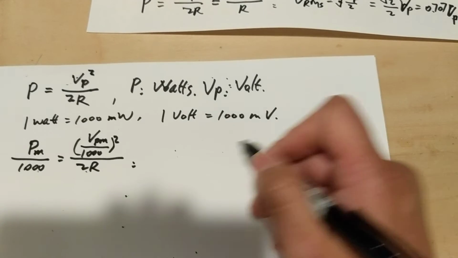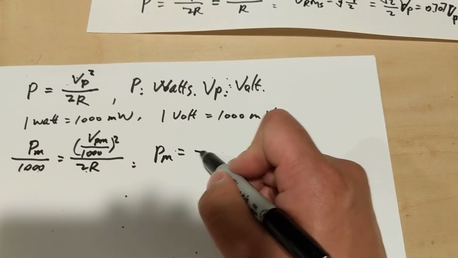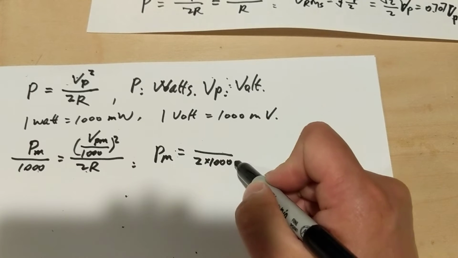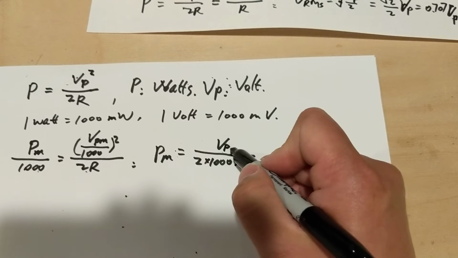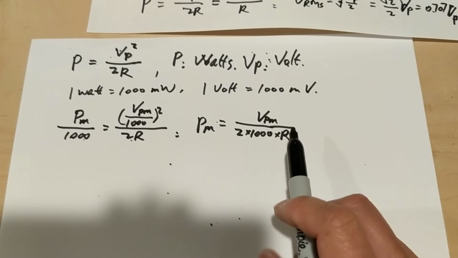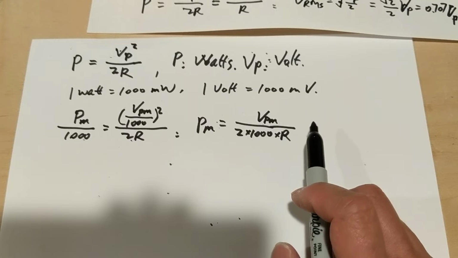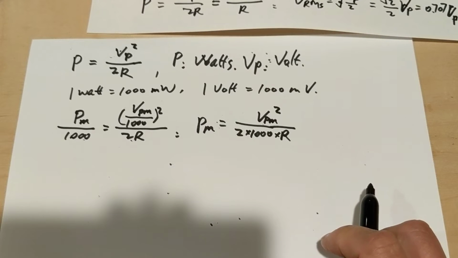So now we have an equation, say P in milliwatts equals Vp squared over 2 times 1000 times R. Okay, and this is the square. So we got this value.